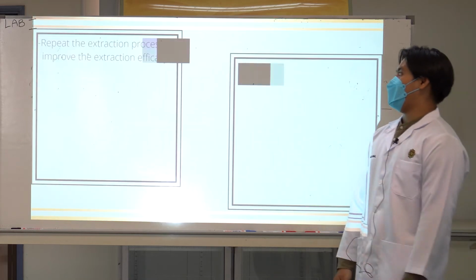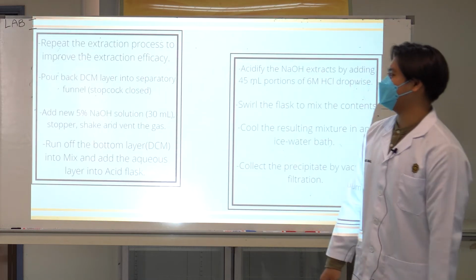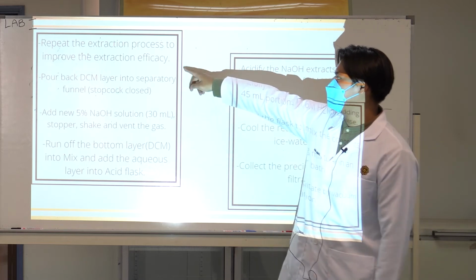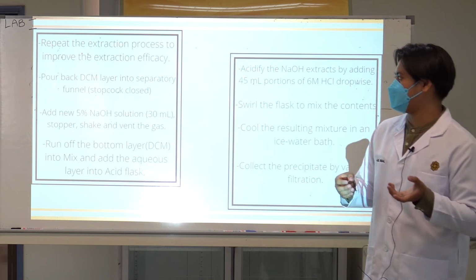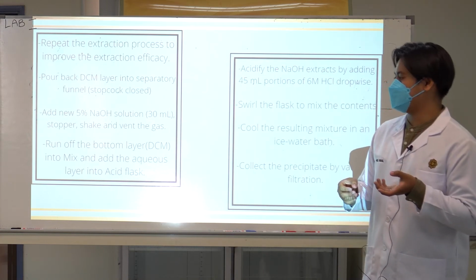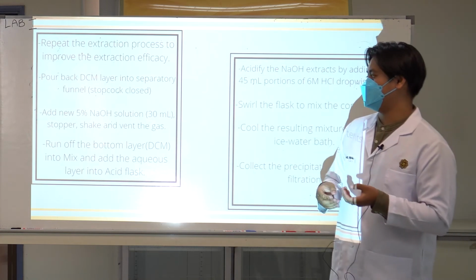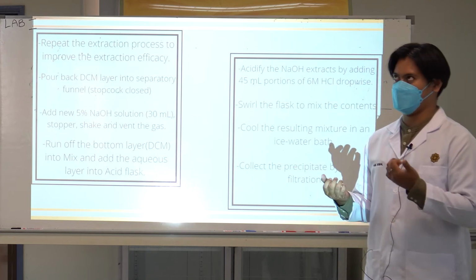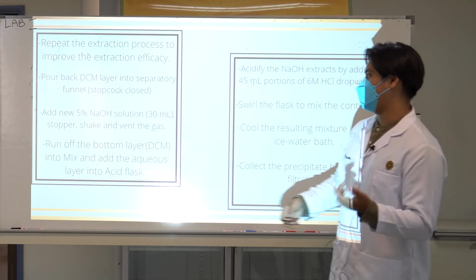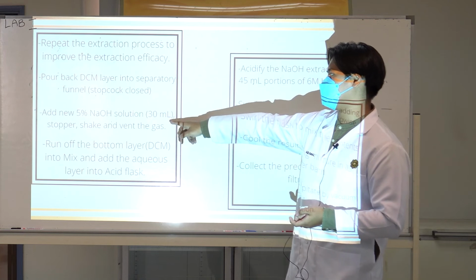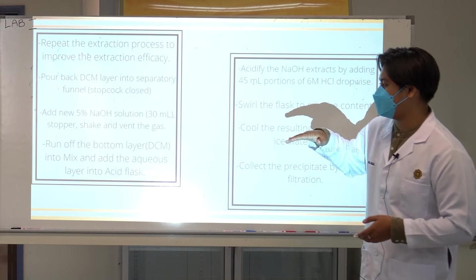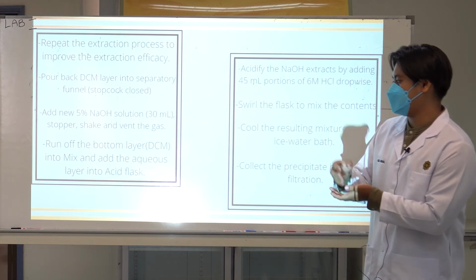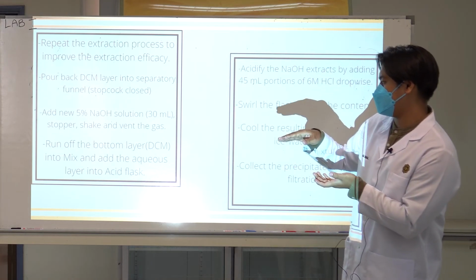Next. So we repeat the extraction to improve the extraction efficiency. We pour the DCM back into the separatory funnel, shake it vigorously and add new 5% NaOH solution. And the same, the bottom layer is DCM and the top layer is the aqueous.